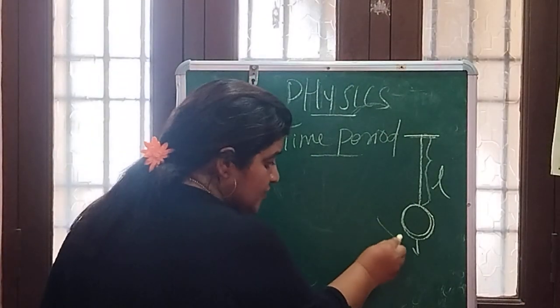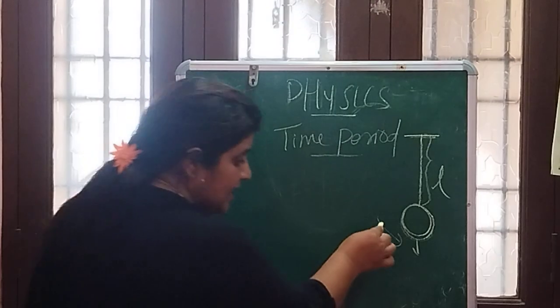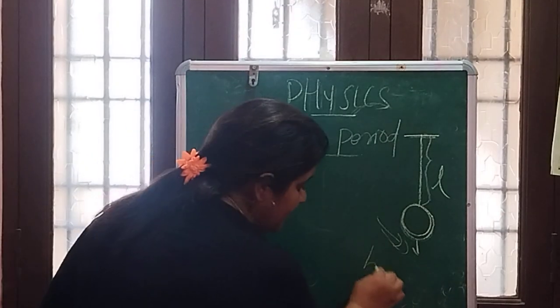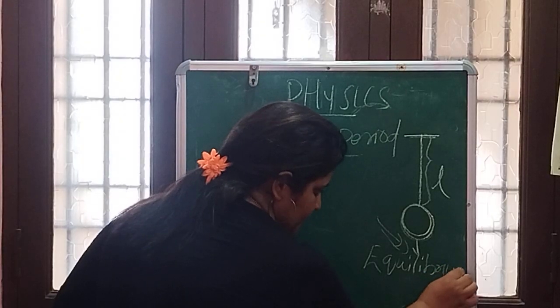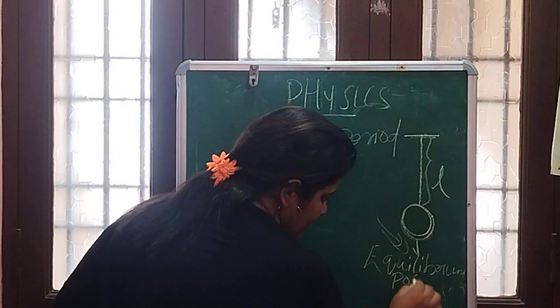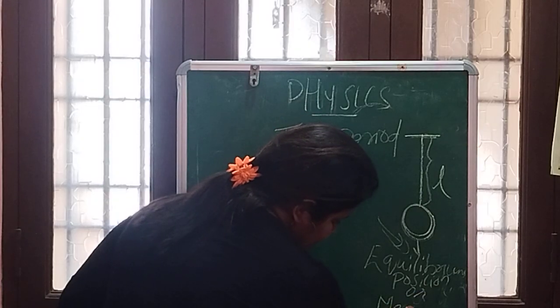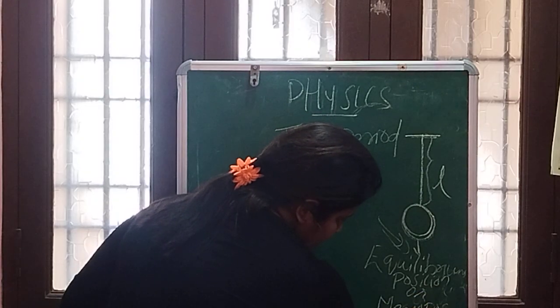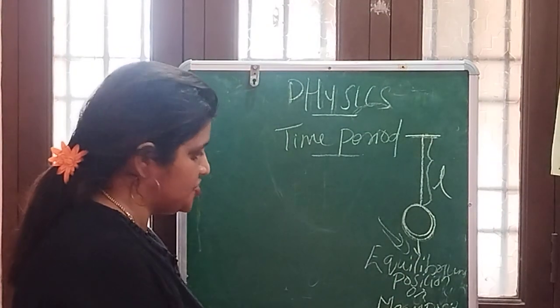If no external forces are acting, the bob will remain in its state of rest, and that particular position of the bob is called the equilibrium position or the mean position of the bob.